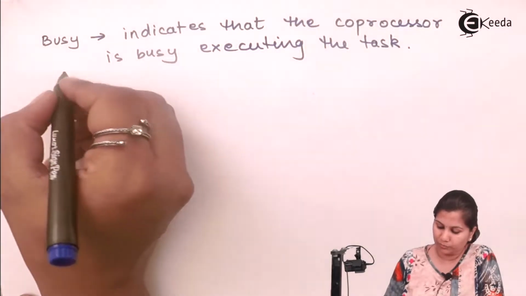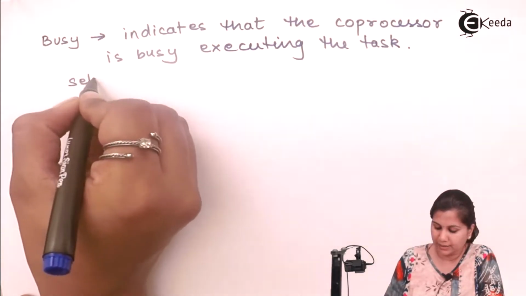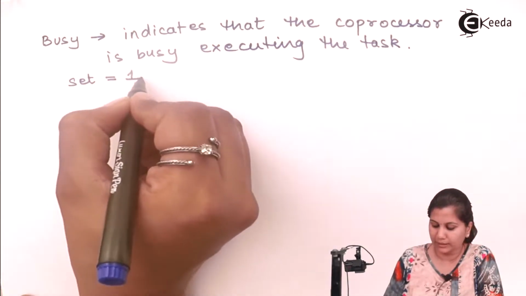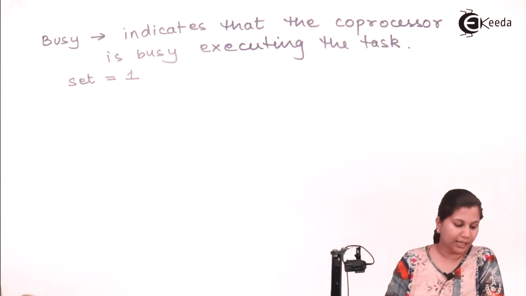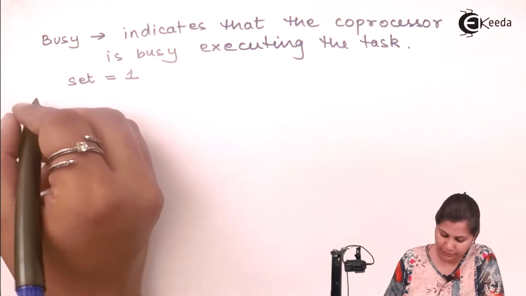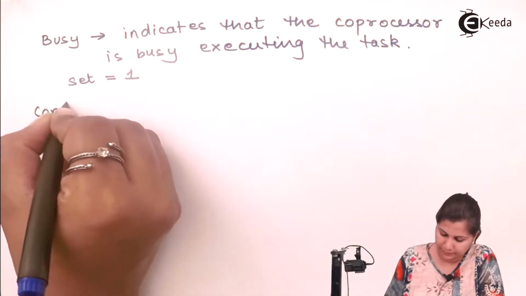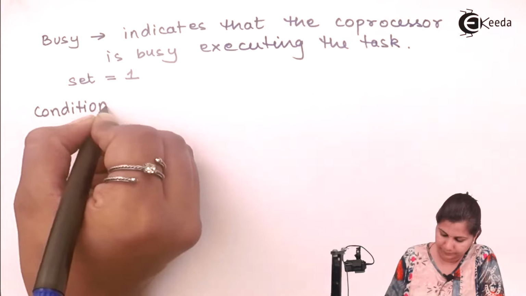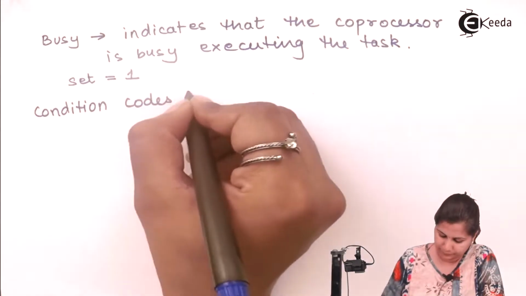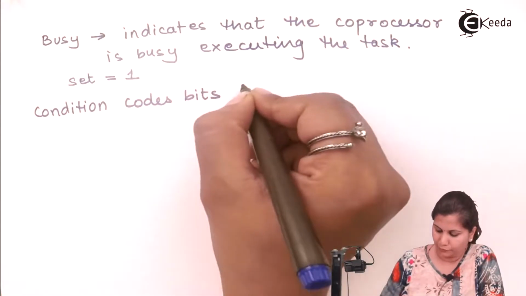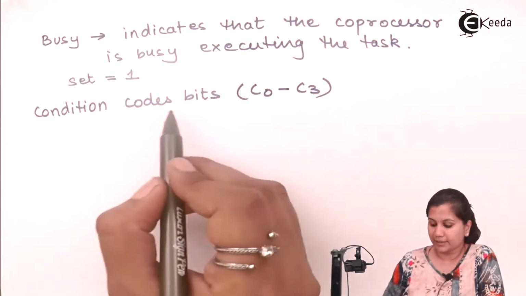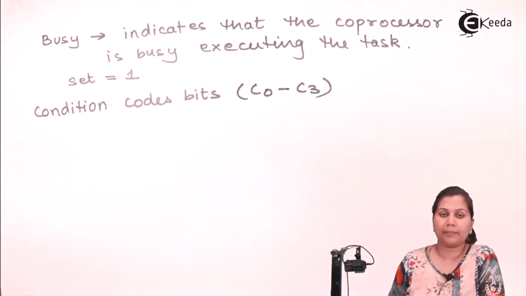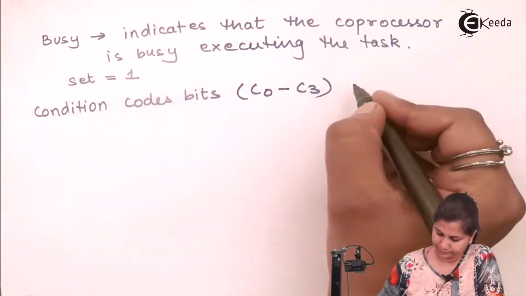So when this bit is set, meaning its value is 1, it indicates that the coprocessor is busy. After that, we have the condition code bits, from C0 to C3. These condition code bits indicate various conditions of the coprocessor.